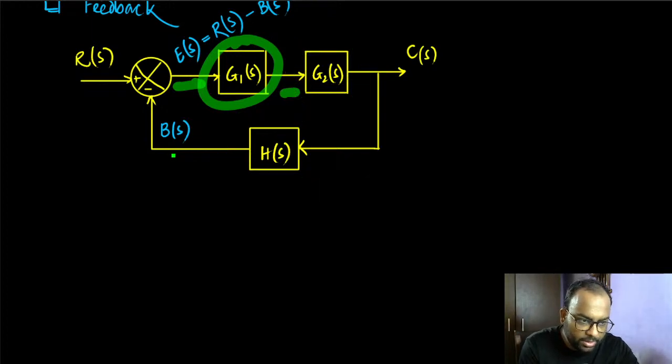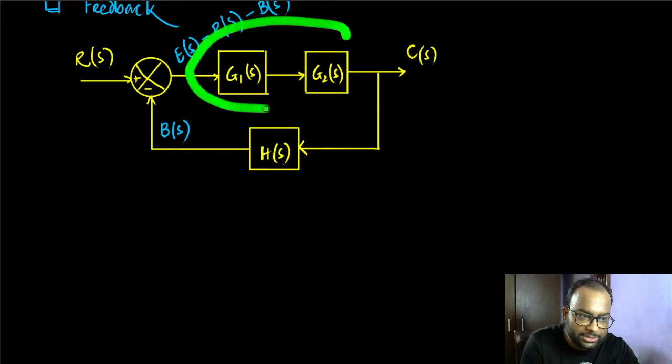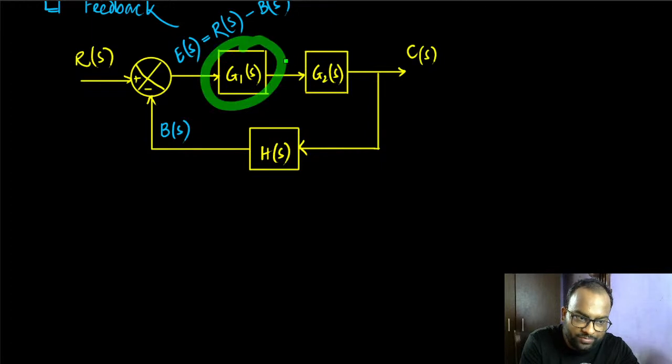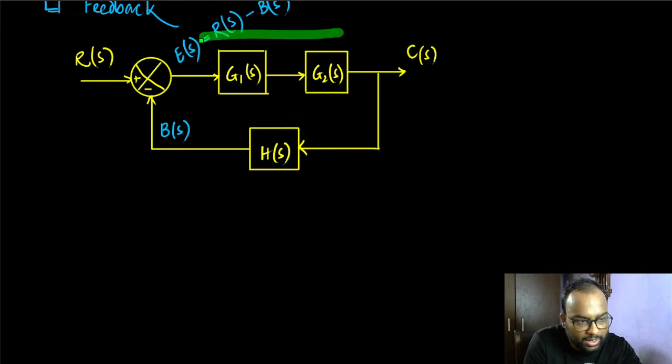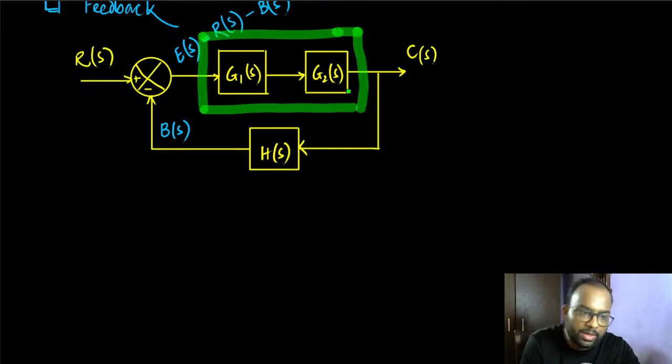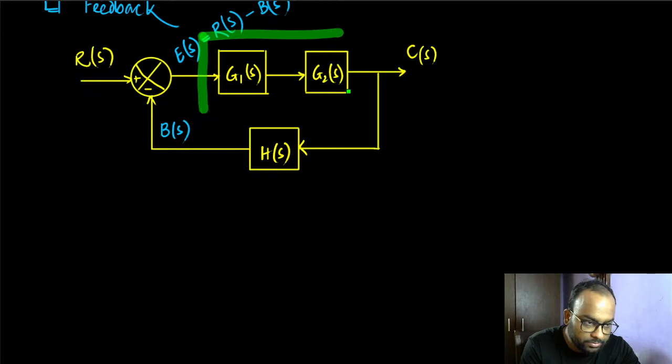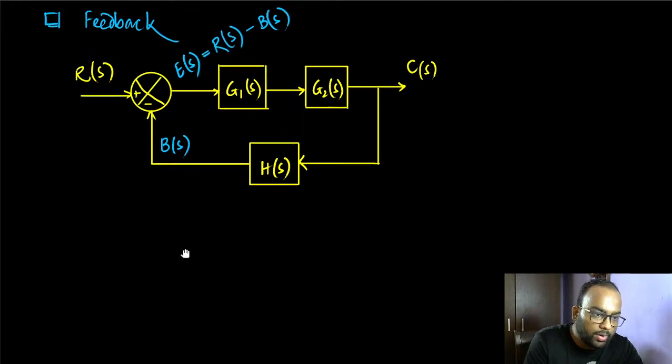Instead, these two are in cascade because the output of this block goes into the next block as its input. So these two are in cascade, and there is nothing called series here. Just keep that in mind. So these two are in this cascade configuration.